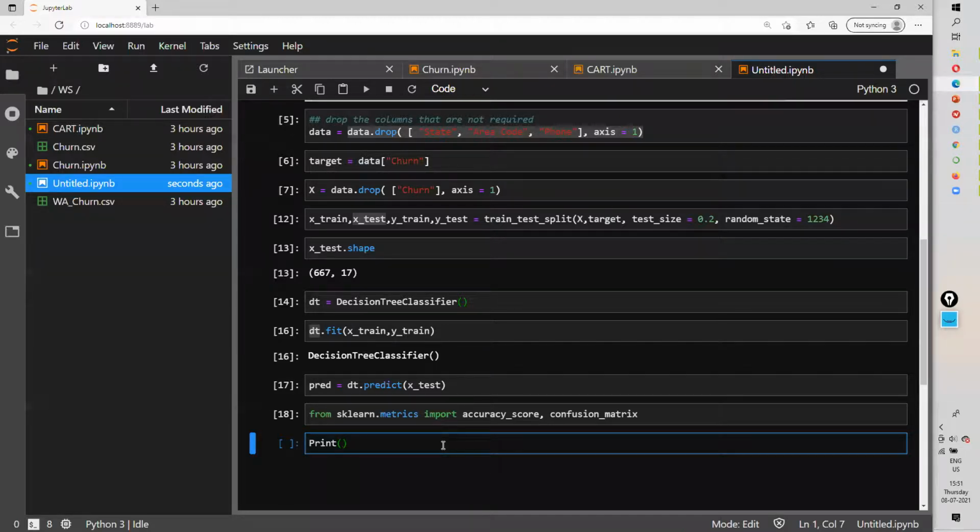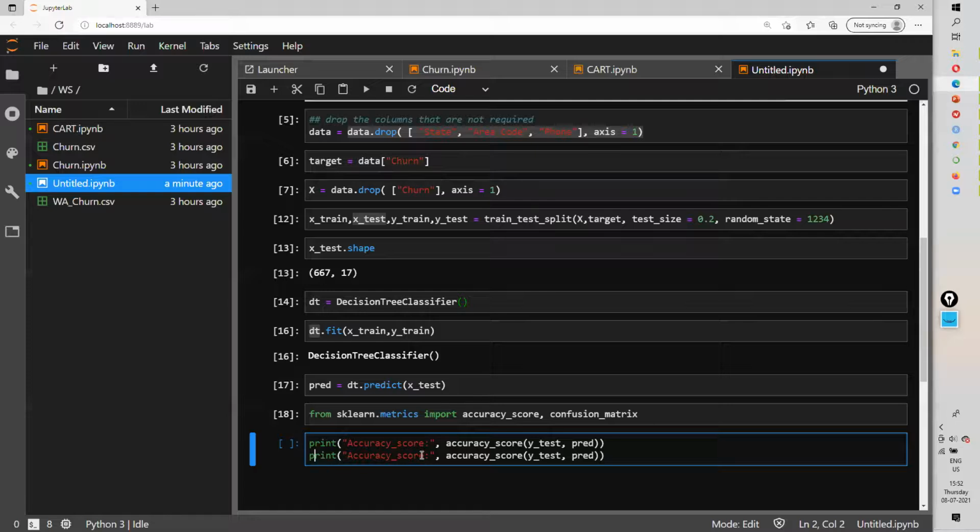Print accuracy score, comma, accuracy underscore score of y test, which is the actuals versus my predictions. And another one is, it should not be capital P. Confusion underscore matrix.